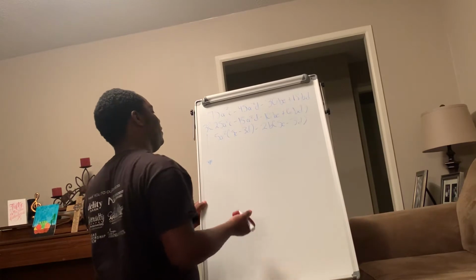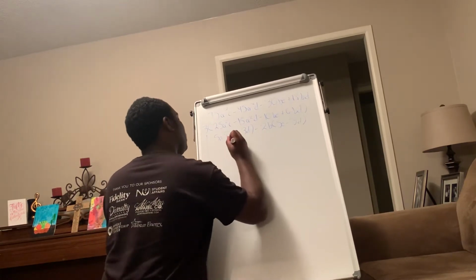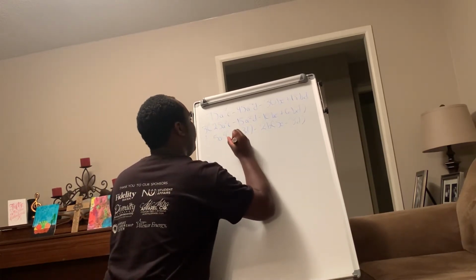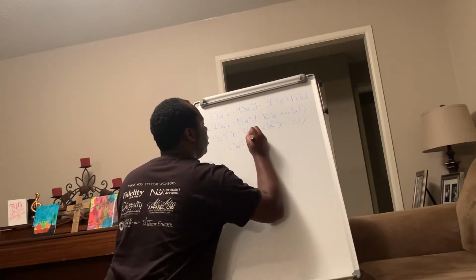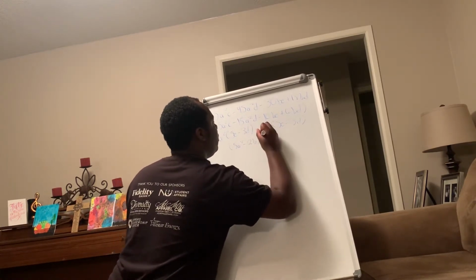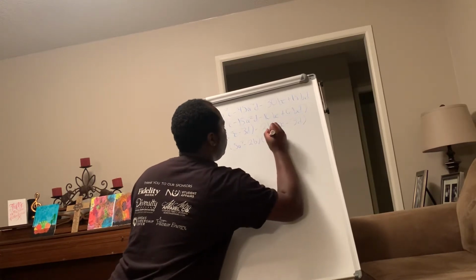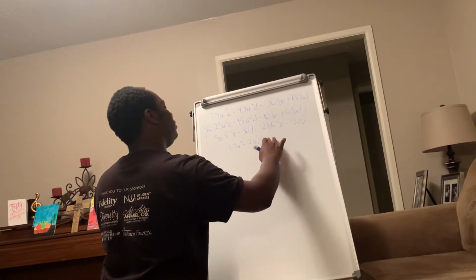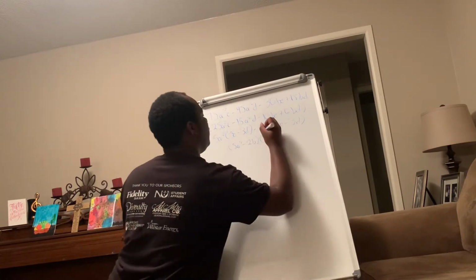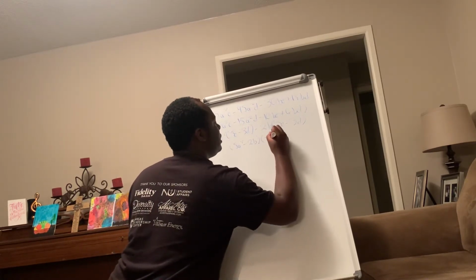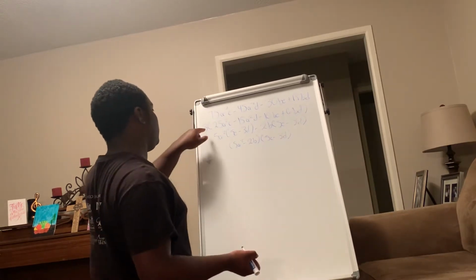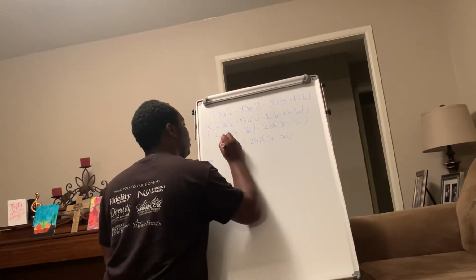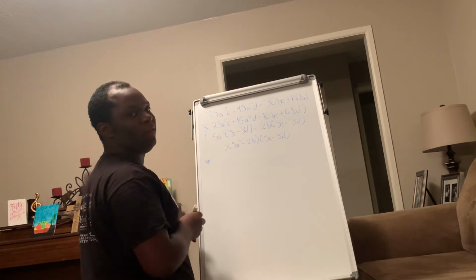Okay, so I have 5a squared minus 2b, and then 5c minus 3d. But I can't forget this 3, so I'm going to just carry this 3 down, and that's the final answer.